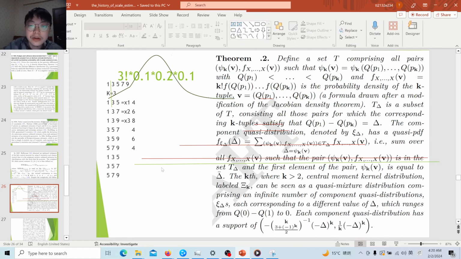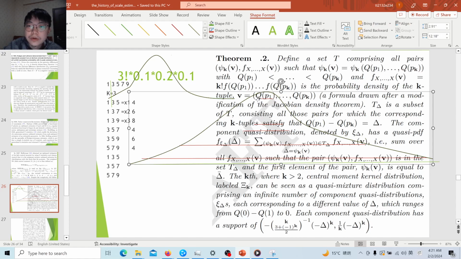So that means the central moment kernel distribution, if you assume the component quasi distribution is uniform and ignore its shape, should generally first increase and then decrease, because we should fit the trend of the monotonic increasing distribution.